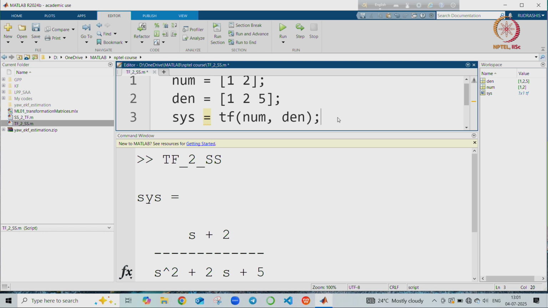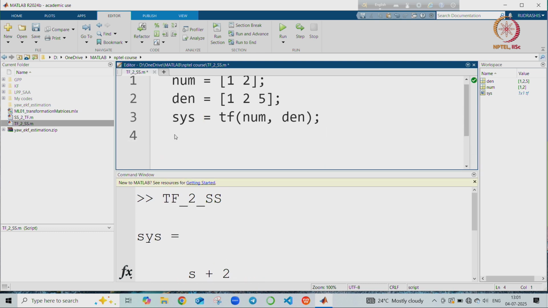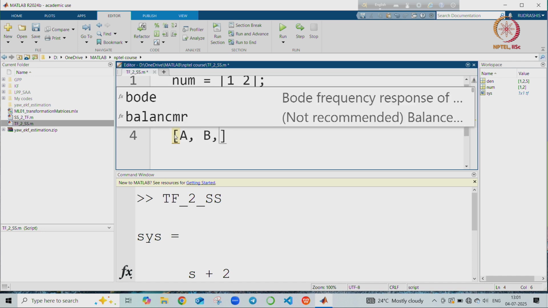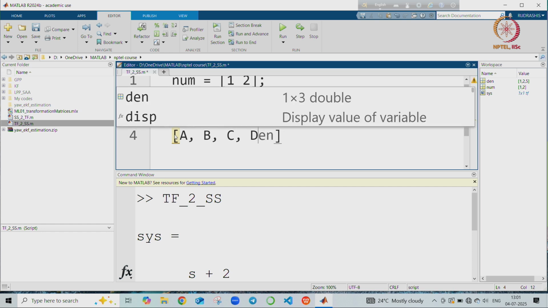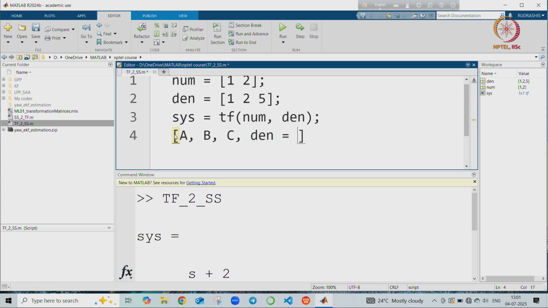Now we do not want to see this in the command window further. What we will do is try to get the state matrices. The command through which we can get this state space representation is tf2ss, that means transfer function to state space.